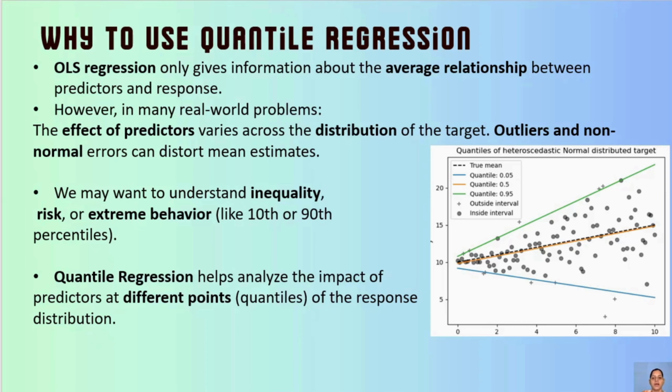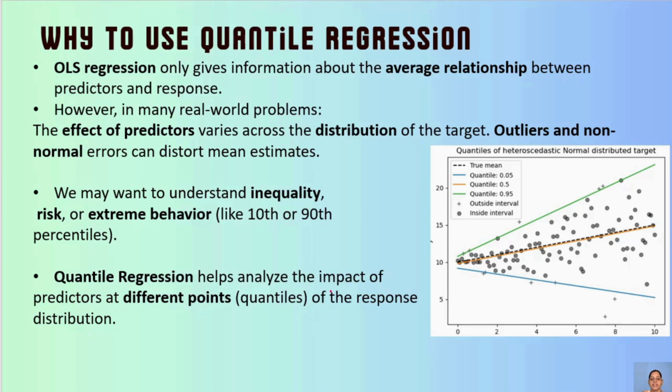We understand that with quantile regression. With quantiles, we understand whether we have inequality, risk, or any kind of extreme behavior at the 10th and 90th percentile, because 90th is our highest and 10th is our lowest. With these, we can understand whether there is much difference between the trends or not.